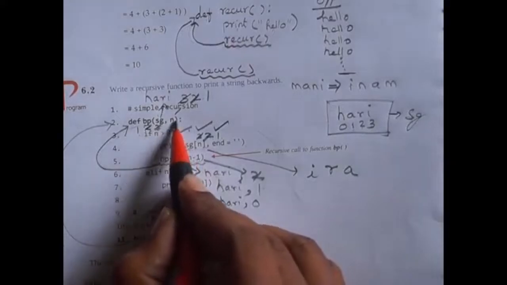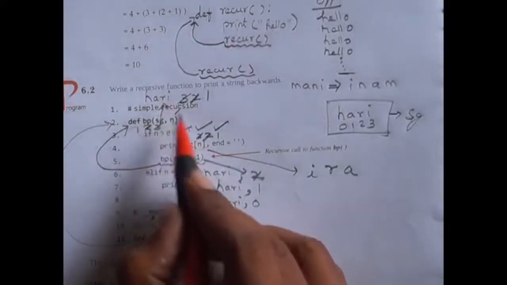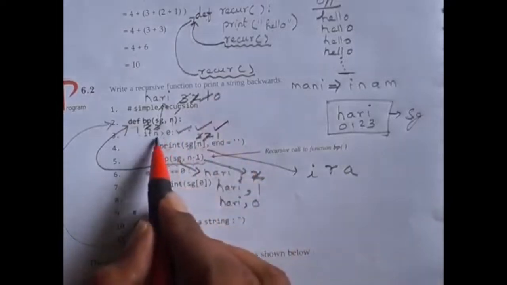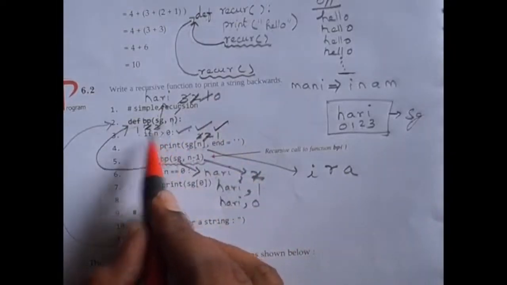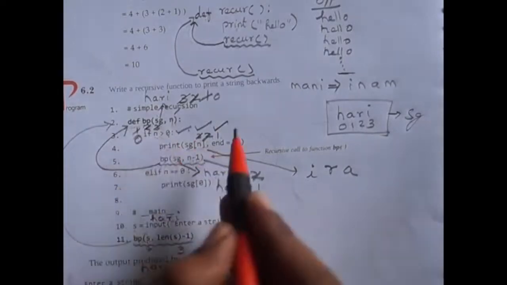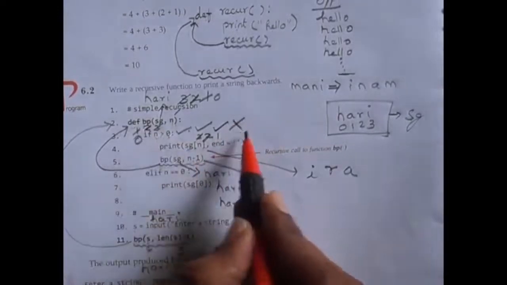These two values will be transferred here. Now the value of SG is Hari and the N value is 0. What is N value? It is 0. 0 is greater than 0? The condition is false, so this part will not be executed.